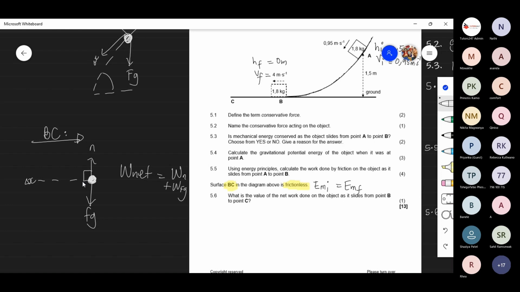Our angles would be 90 degrees for both, and cos of 90 is 0. So because it's a flat horizontal surface, work done by normal force will be 0. Work done by gravitational force will be 0. There is no applied force and frictional force has been removed. Therefore, you will end up with a work net of 0.